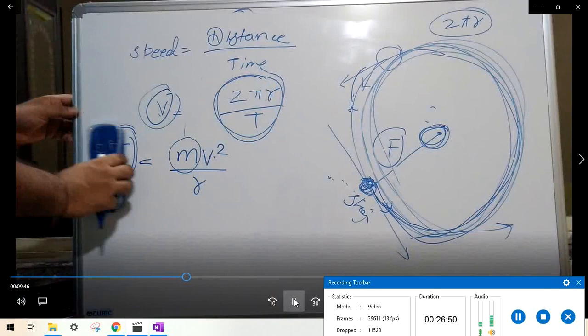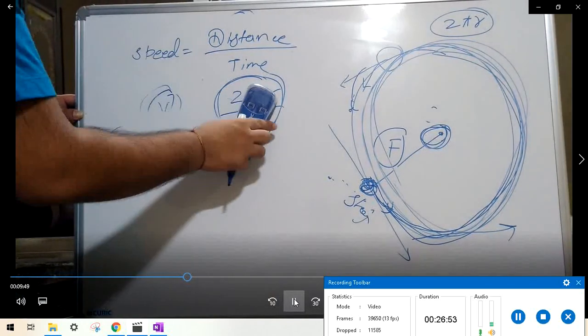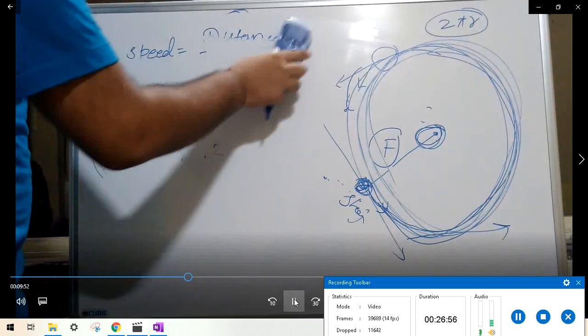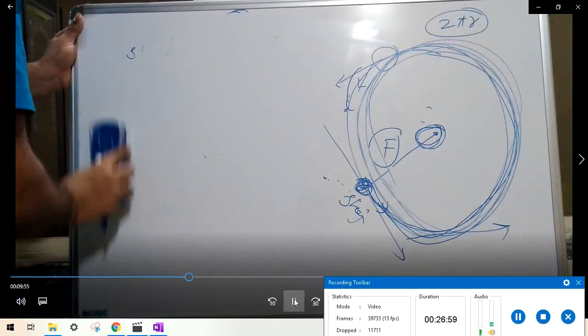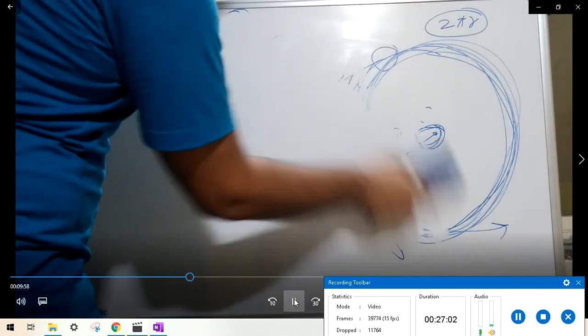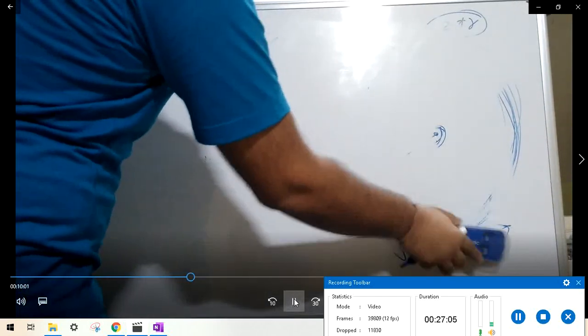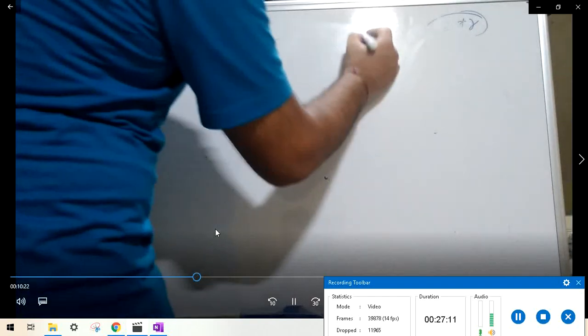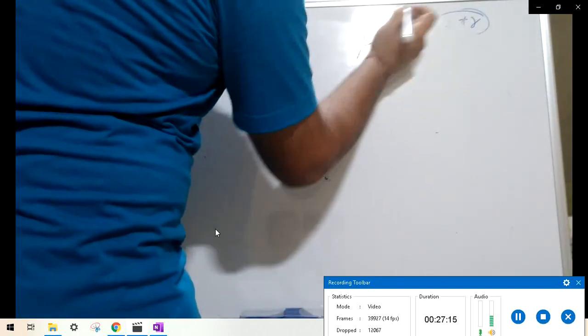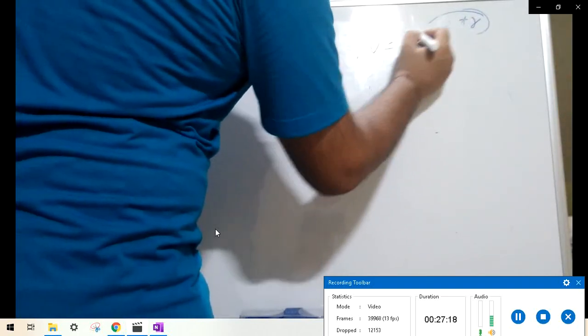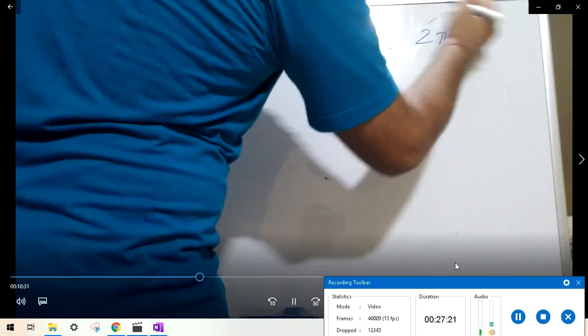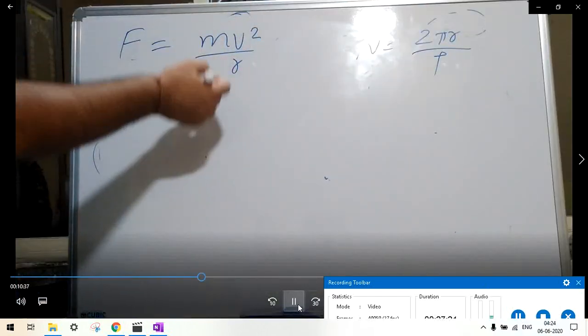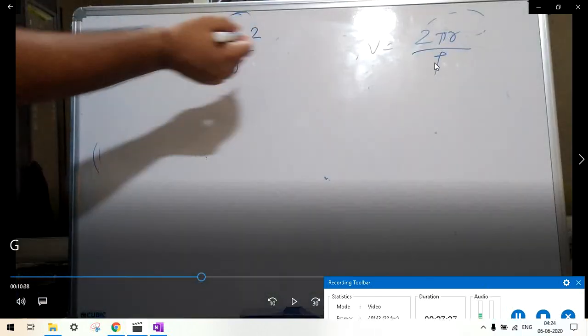So let me erase this. For any object moving in a circular motion, the force is equal to m v square by r, where v will be equal to 2 pi r divided by T. Let's substitute this here. 2 pi r is the distance covered, because if a circle has radius r, the perimeter is equal to 2 pi r.